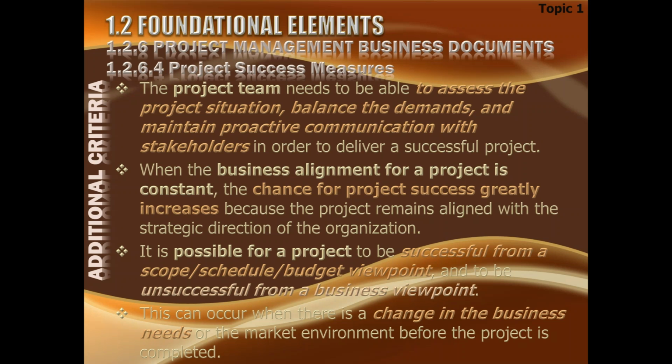If it is not adding any value to the business, just going through the chores of meeting the scope and time and cost may not be sufficient. This can occur when there is change in the business needs or in the market environment before the project is completed.